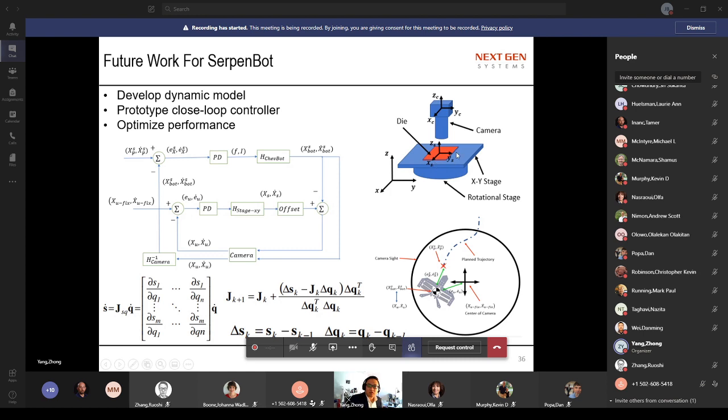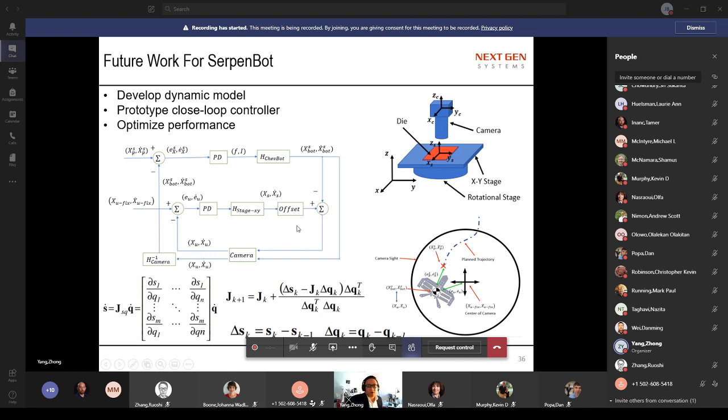The inner loop is for the stages to recenter the microrobot. The outer control loop controls the laser beam to let the robot follow some desired trajectory.